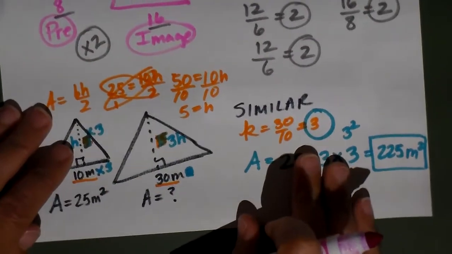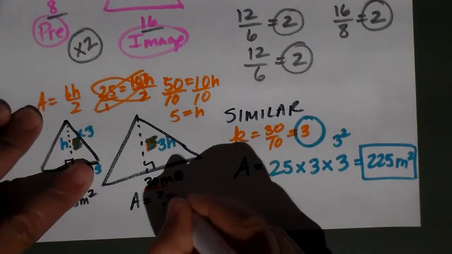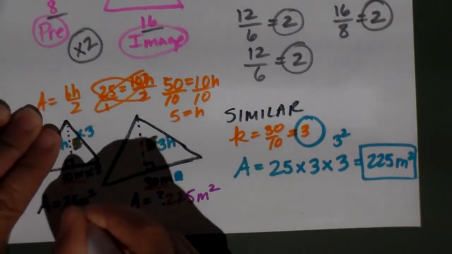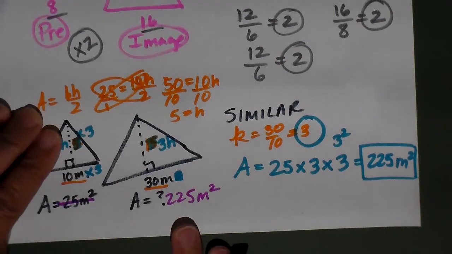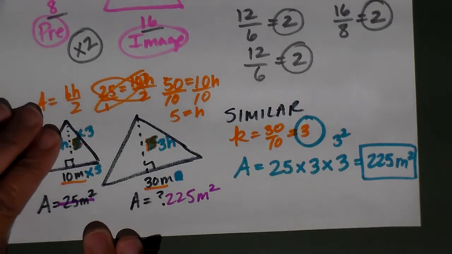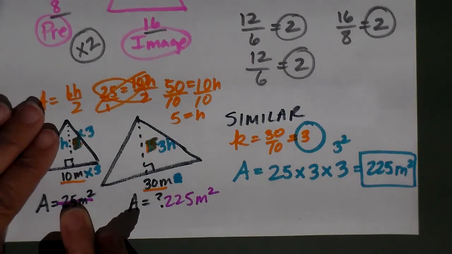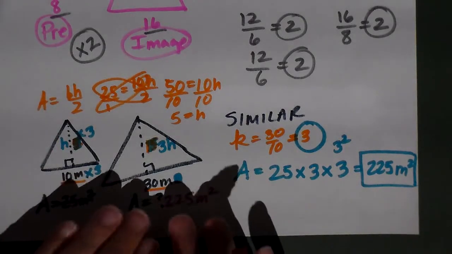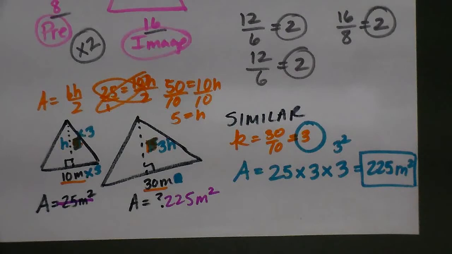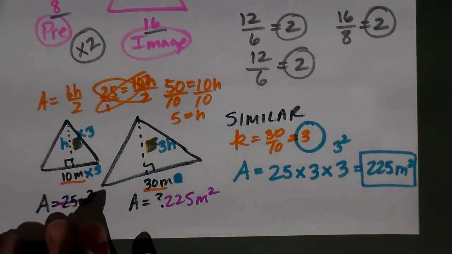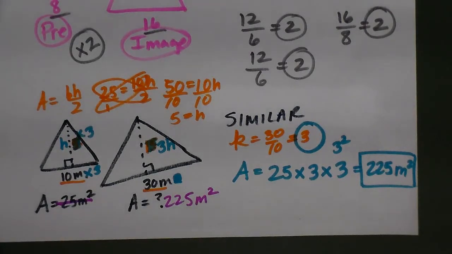In the previous example, let's say I gave you that the area was 225 and I didn't tell you this one, I would divide by 3 and divide by 3 to go backwards. If I do 225 divided by 9, I'm back at 25. So if you're going from the image back to the pre-image, you divide by the scale factor twice. If you're going from the pre-image to the image, you multiply by the scale factor twice. And that is how you do the areas of similar polygons.